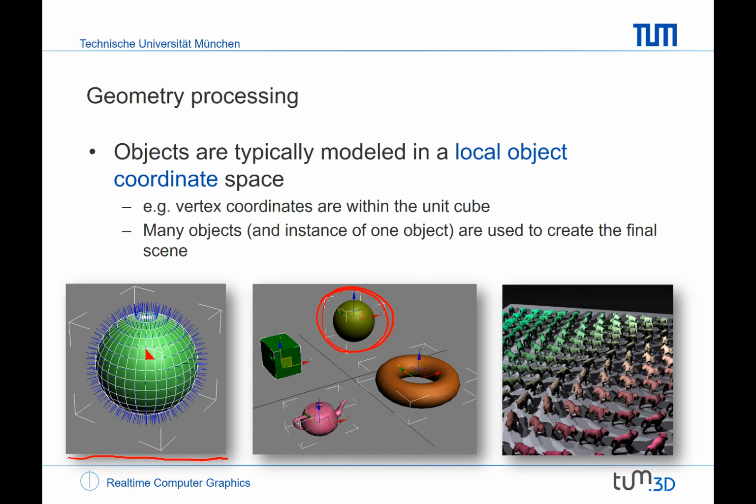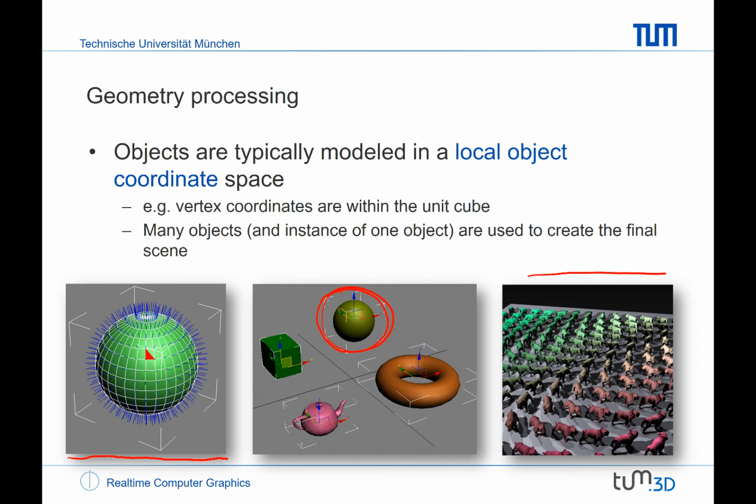And in addition, very often you don't want to use only one single object, like for instance in the example we see here, where we have a model of a dog or whatever, and this dog should be rendered many times at different locations and at different orientations. Of course, you don't want to model that particular object as many times as it is seen in that image, but rather you want to model the object only once.